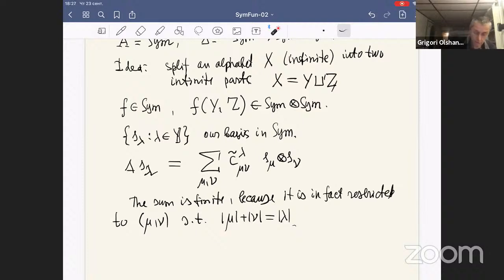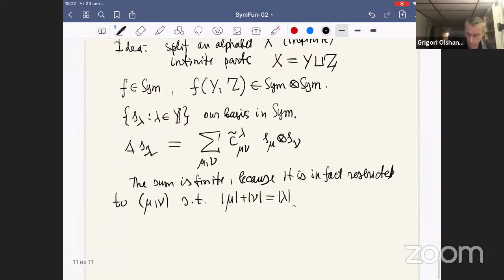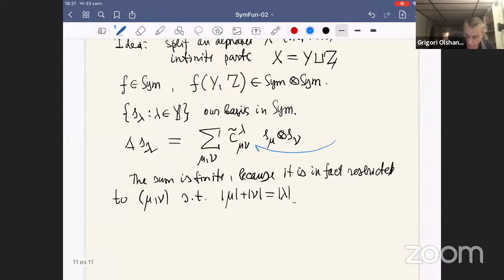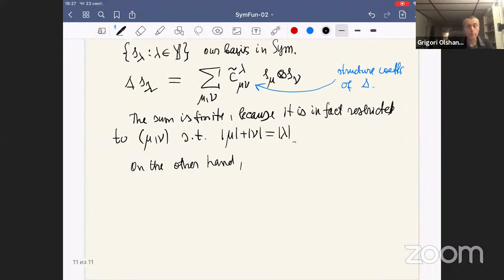These are structure coefficients of the coproduct. But on the other hand, you have a usual product map because our algebra of symmetric functions has a usual multiplication.